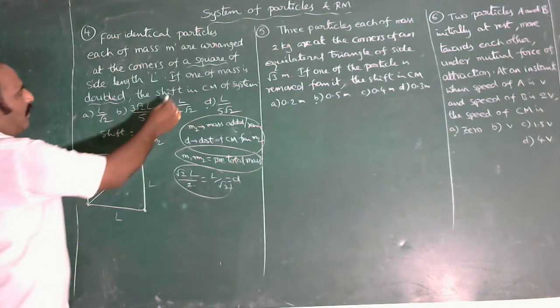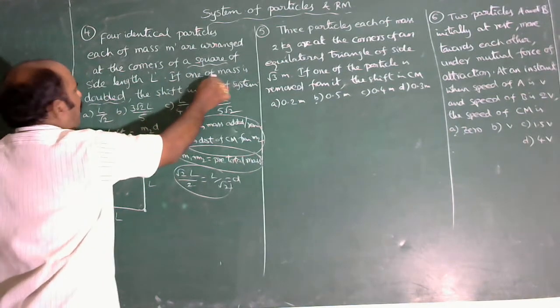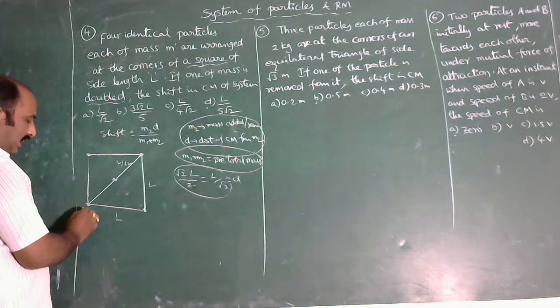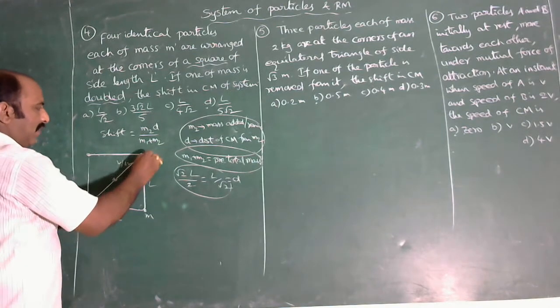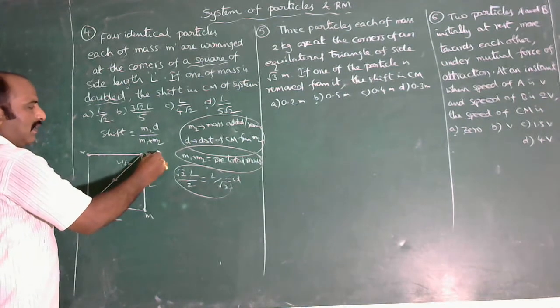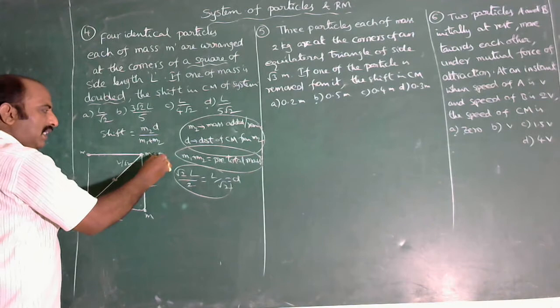Now suppose one of the masses is doubled. That means initially four masses of m are there, and now one mass is doubled, that means mass m is added.